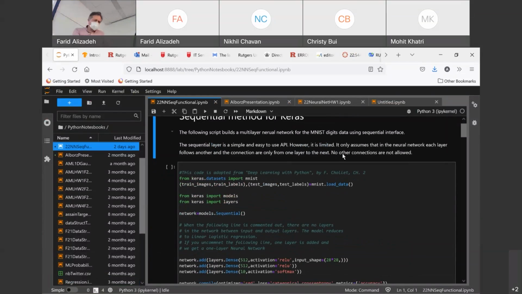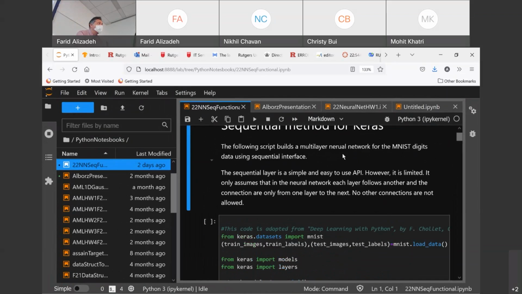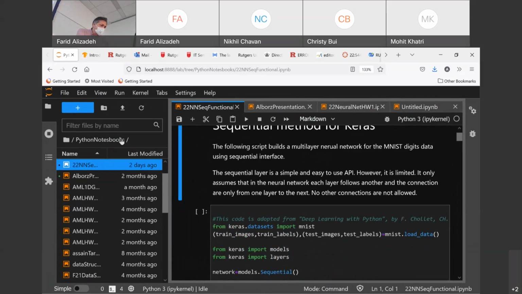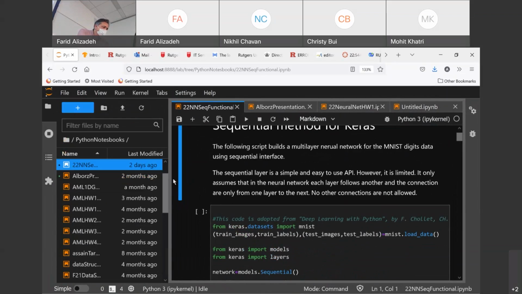Is this small? Is it better? Yeah. I can look at this. There's a way to get rid of this.